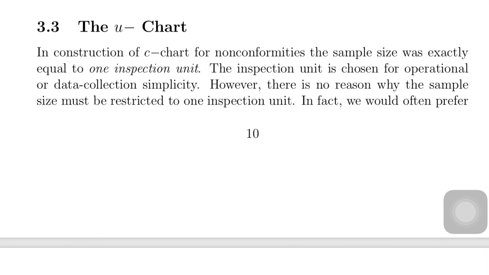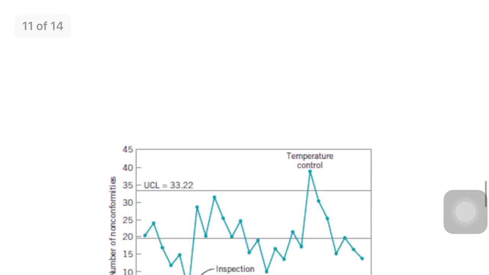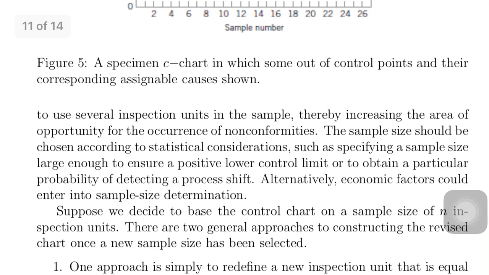However, there is no reason why the sample must be restricted to one inspection unit. Sometimes you can have more inspection units. In fact, we would often prefer to use several inspection units in the sample, and you can thereby increase the area of opportunity for defects.